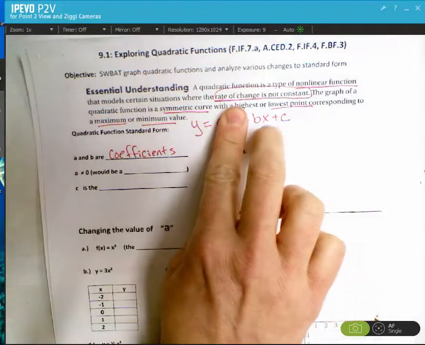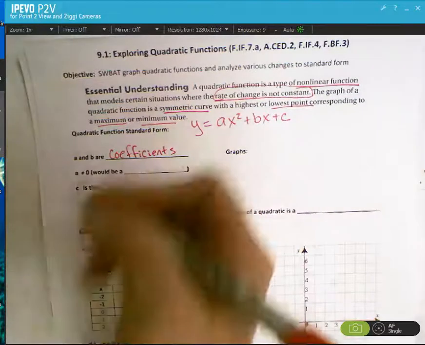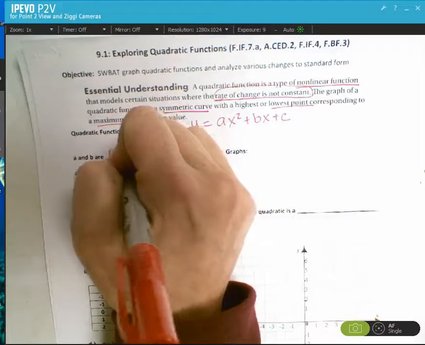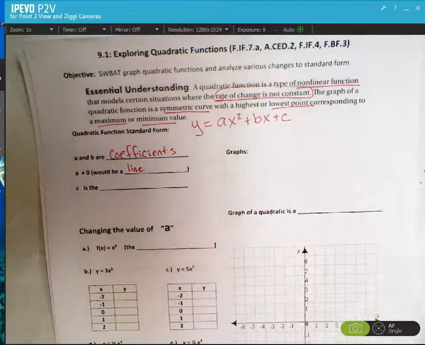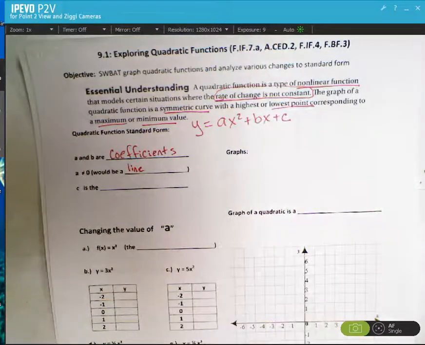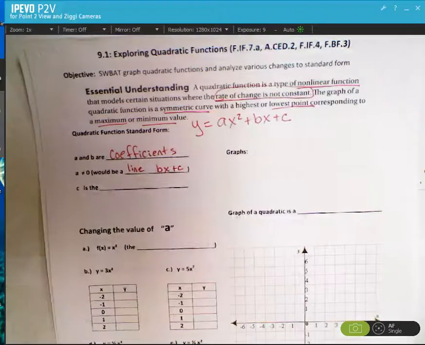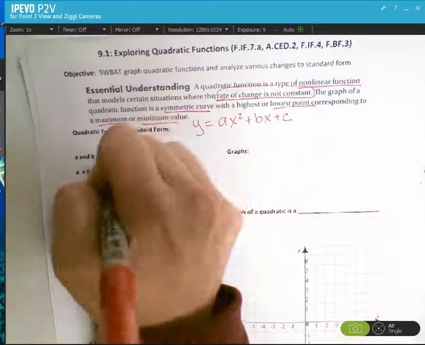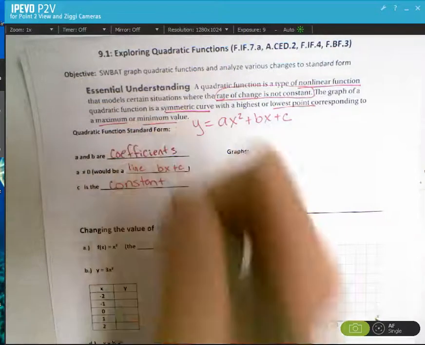Well, since x's power is 1, I end up with a linear equation, which means I would have a line. So you want to make sure that if a is 0, then that cancels out this whole quadratic function stuff. So you would have a line that looks like bx plus c. And c in the function is your constant term.